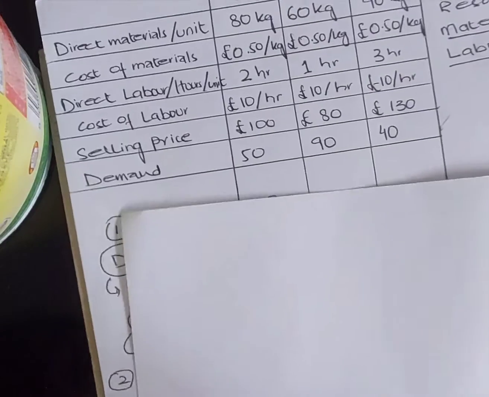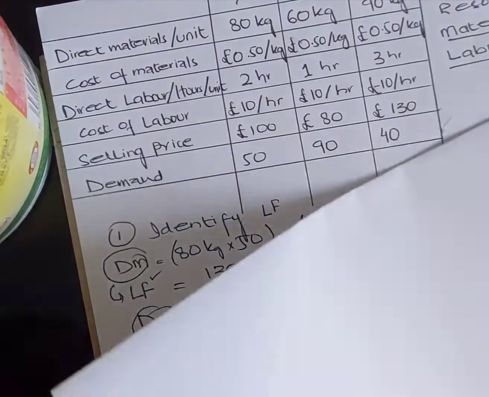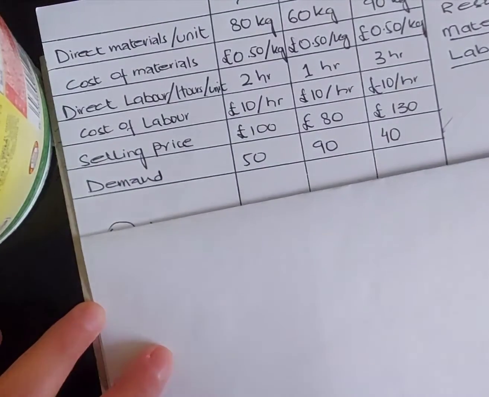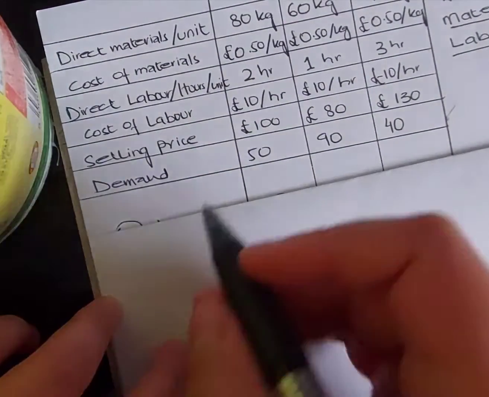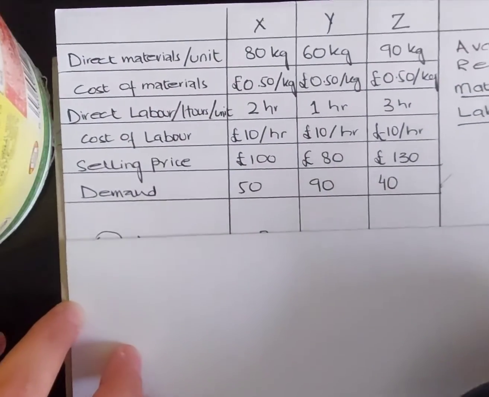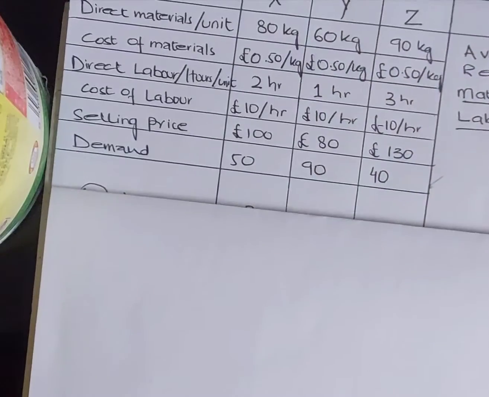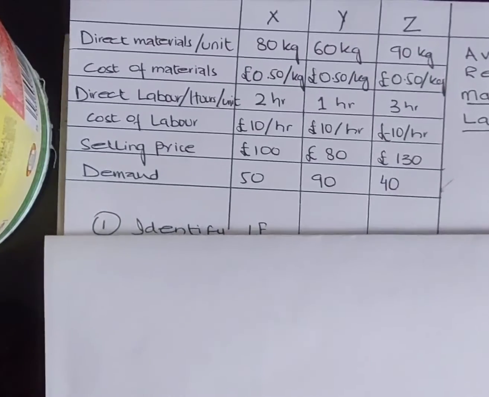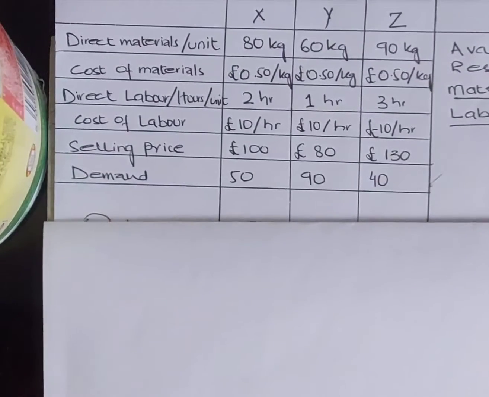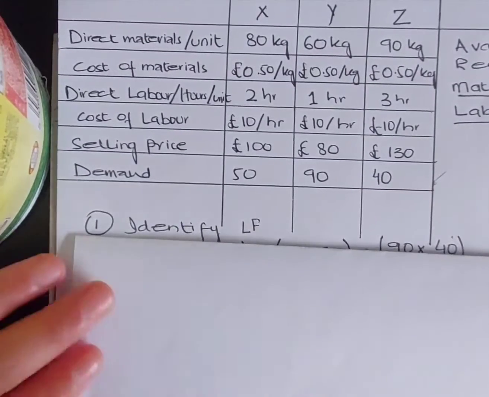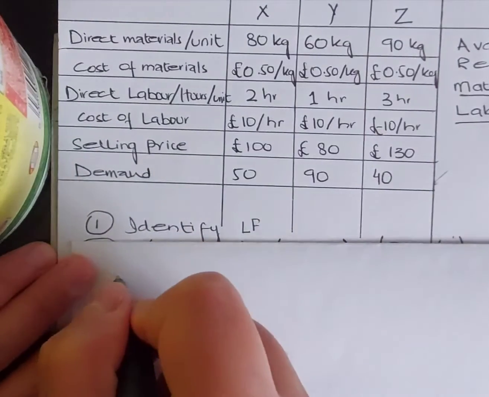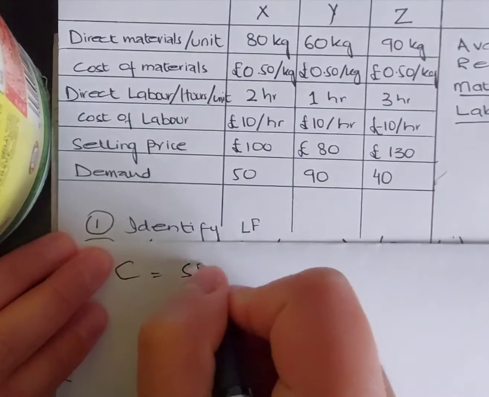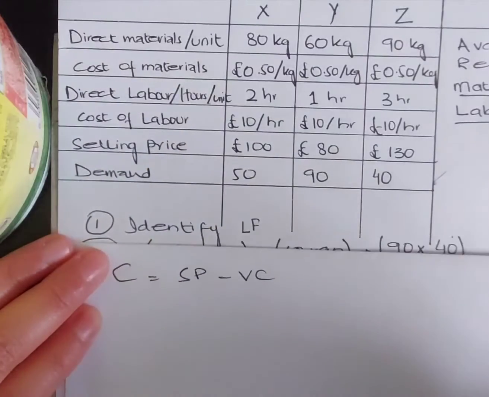In this case we have the data right in front of us. Now we are finding the contribution per physical unit, which is selling price minus variable cost.